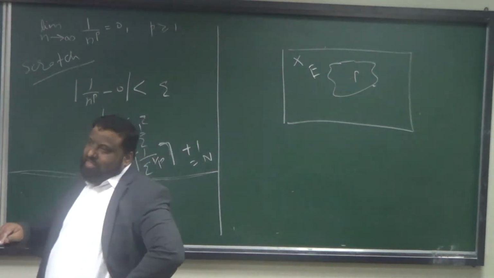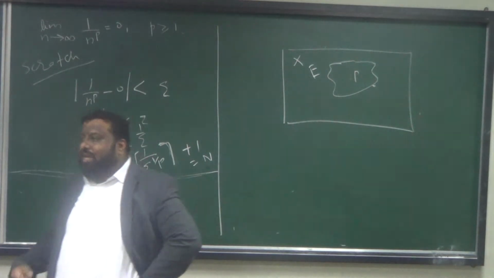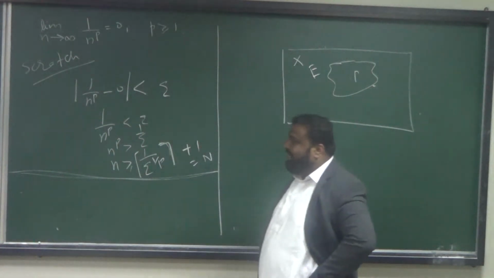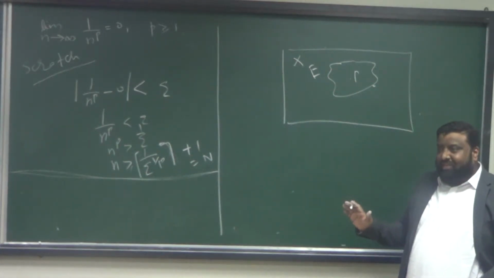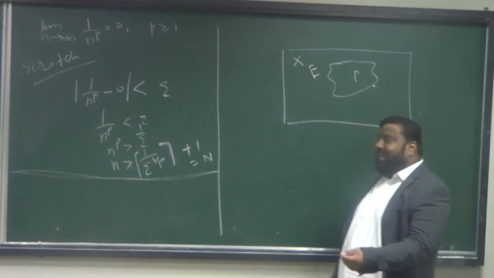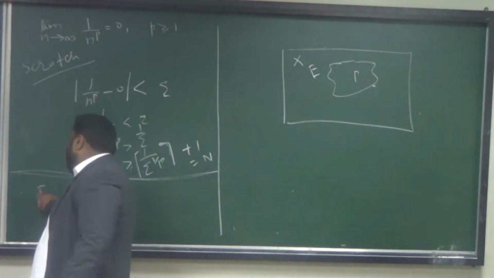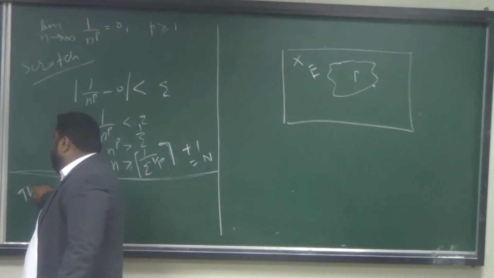So if the point is in E, then this question is really easy to answer. How many people understood what question we are trying to address? What I would like to prove is part of the theorem.